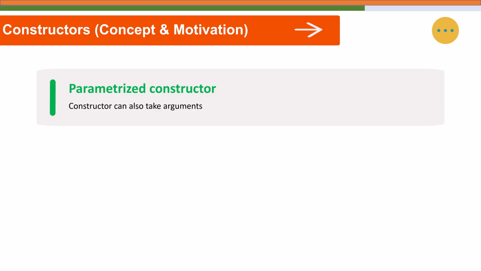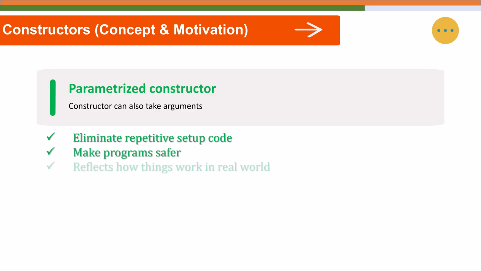Both can be created in a single line of code. So in summary, constructors give us an automatic, reliable and flexible way to initialize objects. They eliminate repetitive setup code, making programs safer, and they reflect how things work in the real world, where objects do not exist in a vacuum. They are always born with certain attributes.